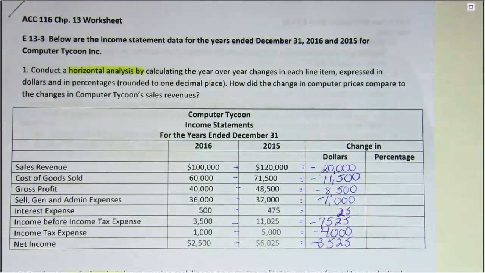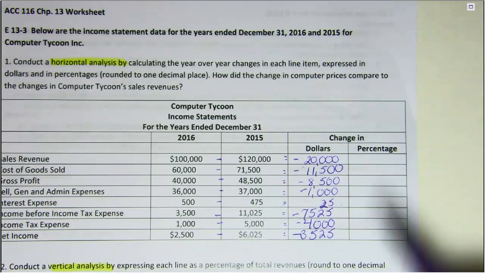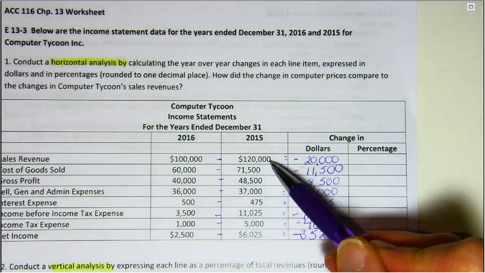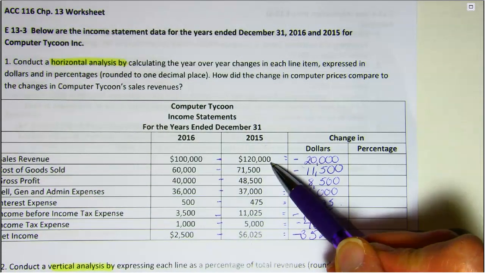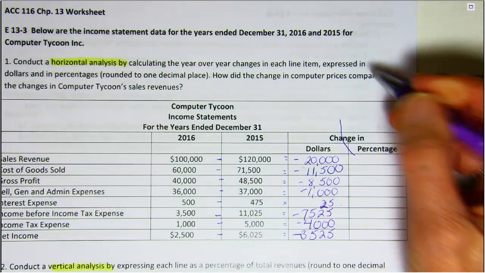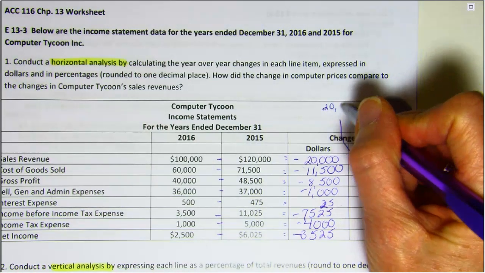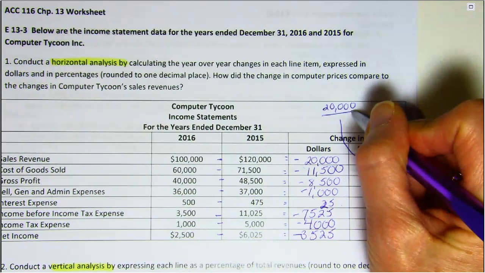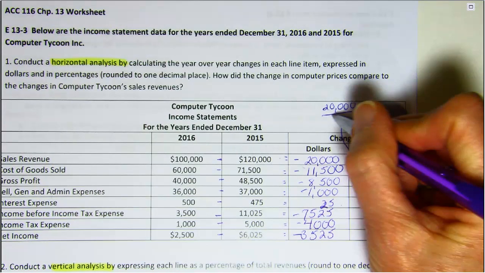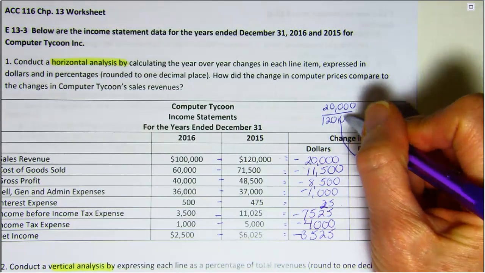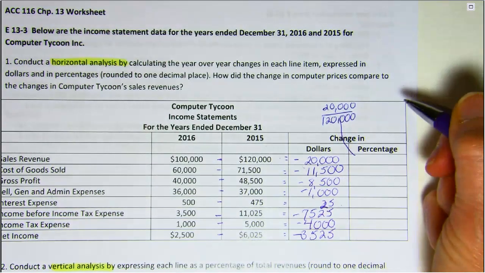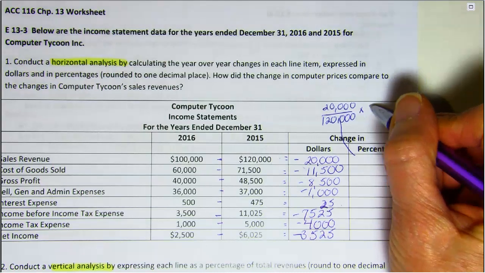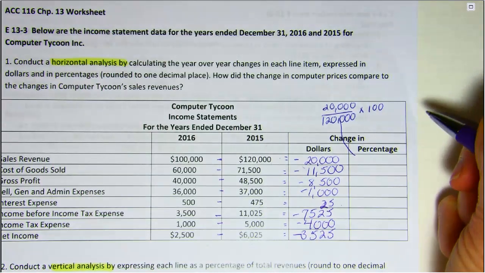Let's find out the change in percents. What we do now is we take the change in dollars and divide by the earlier year. I'll write this one down here. 20,000 divided by the earlier year, 120,000, and that will give you a decimal. So we multiply by 100 to change it to a percent.